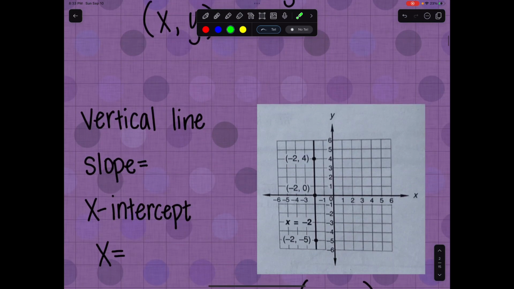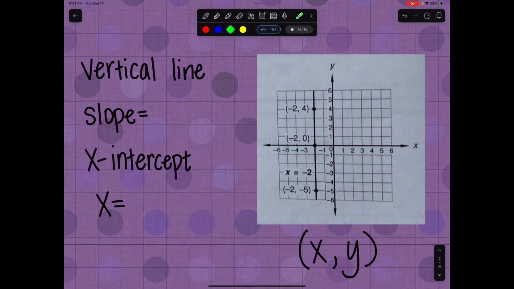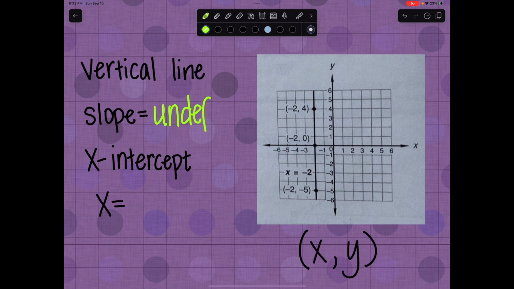Okay, cool. All right, what about a vertical line? A vertical line has a slope that is straight up and down. Think of vertical like this, like the V is pointing down, like an arrow pointing down, or it could be going up, whatever, it's up and down. The slope of any vertical line is actually undefined.